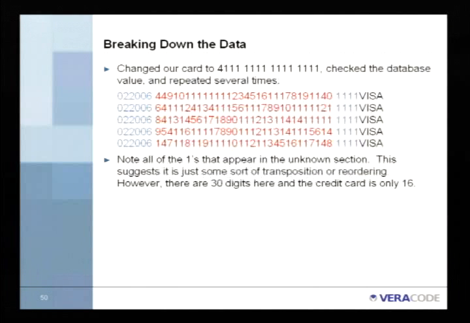You can see 1, 2, 3, 4, 5. It's just the positions at which those pieces of garbage actually appear. So this suggests that what we're looking at is some sort of transposition, a reordering of the original digits. In the middle section we've got 30 digits, and the credit card is only 16 digits. So we have to figure out what's real and what's noise.